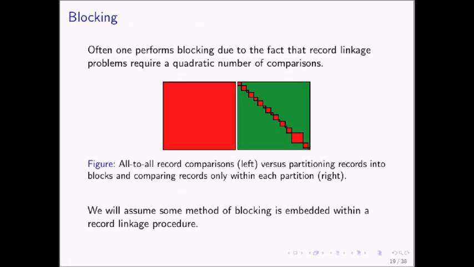Okay, so what is blocking? If I come back to the first constraint that we had, we desire models or processes that are much less than quadratic.